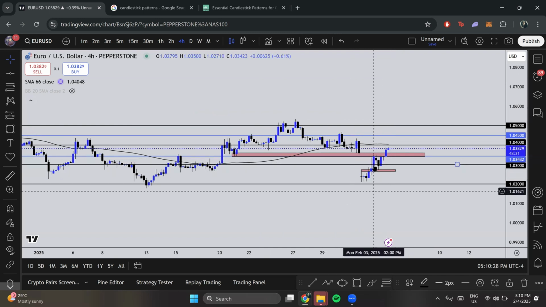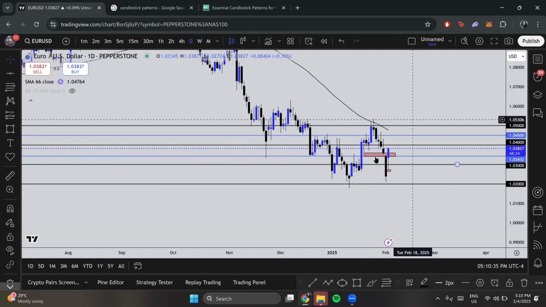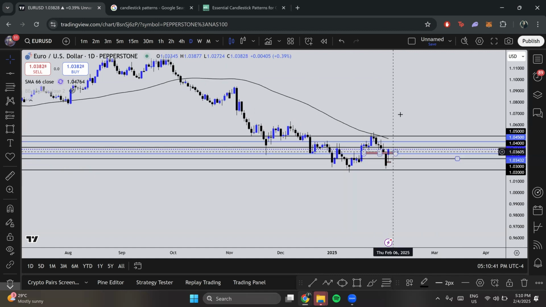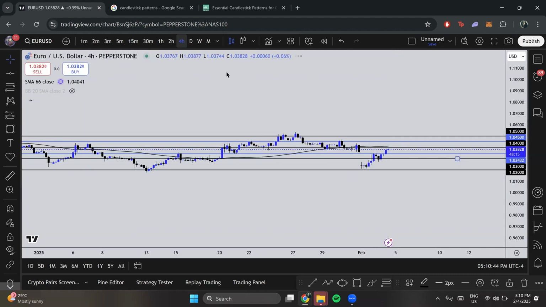This is showing that the trend is looking to go upwards. You can also see it on the daily time frame, showing upwards momentum. This could change with the fundamentals, but as of right now, that's what the market is showing you.